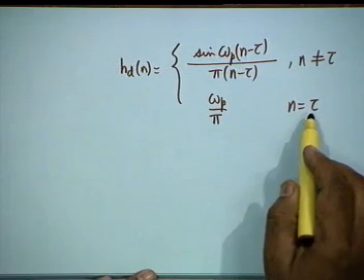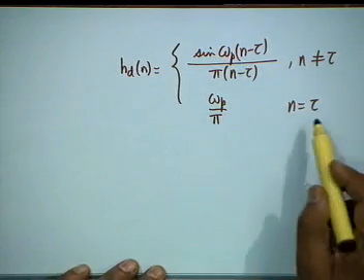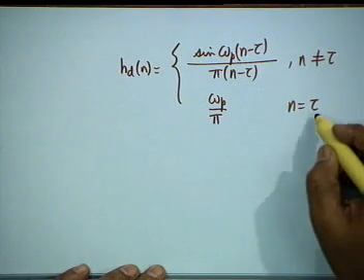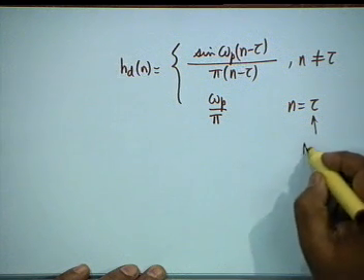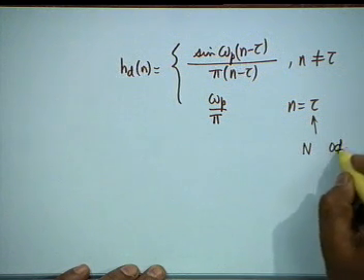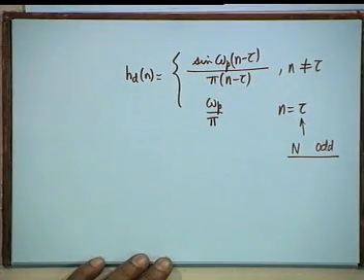This case will arise only when tau is an integer, because n is an integer. In other words, this case will arise when capital N is odd, and this is usually the case. We assume capital N to be odd. What is the reason? Then the delay is an integer. Half sample delay creates its own problem. Okay.